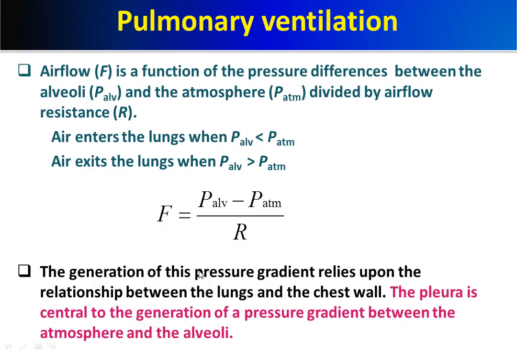Now, the generation of this pressure gradient relies upon the important physiological relationship between the lungs, the chest wall and the pleural sac. The pleura plays a major role in the generation of the pressure gradient between the atmosphere and the alveoli, as we will describe.